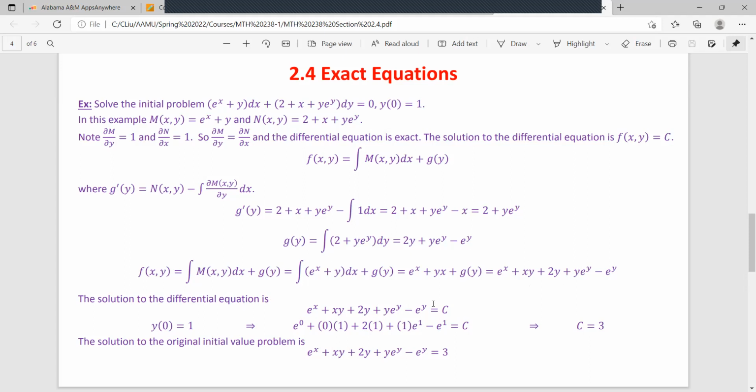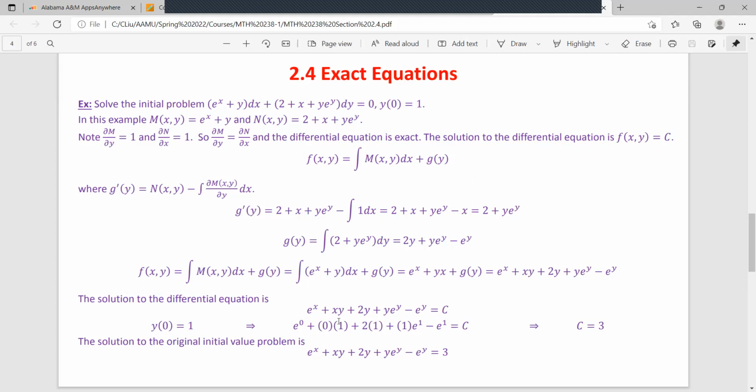But we are asked to solve the initial value problem, and the initial condition is y of 0 equal to 1. So that means when you plug in 0 for x, you should get y equal to 1. So what we do, we just plug in 0 for x and 1 for y into the solution.